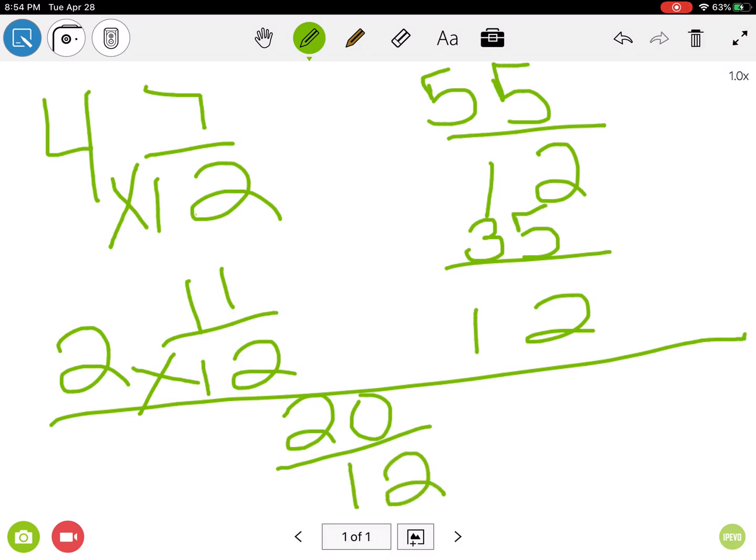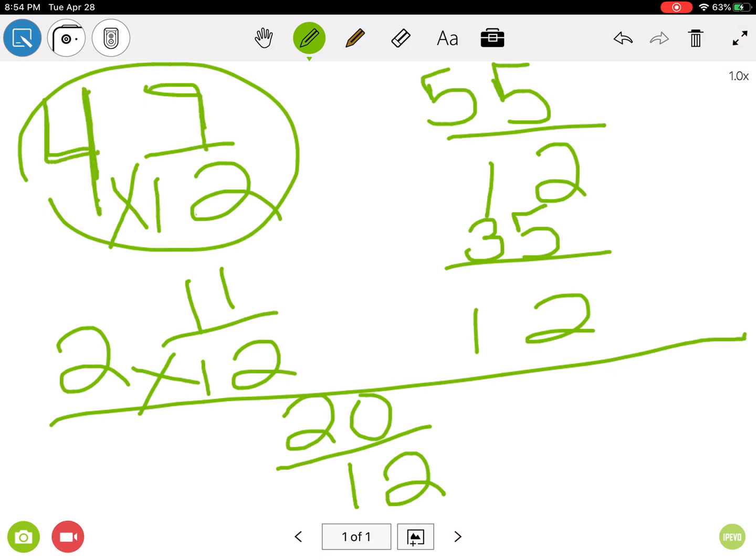But I'm not done yet. Once I get my improper fraction answer, I have to now change it back into a mixed number, meaning a whole number with a fraction. So we know that what doesn't change? The denominator. 12 times what comes close to 20 without going over? 12 times 1, and 8 twelfths.